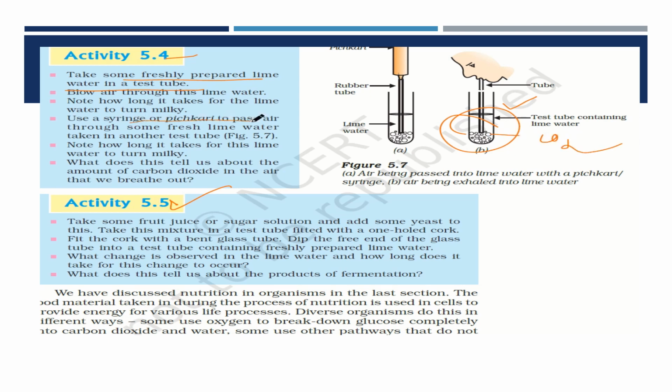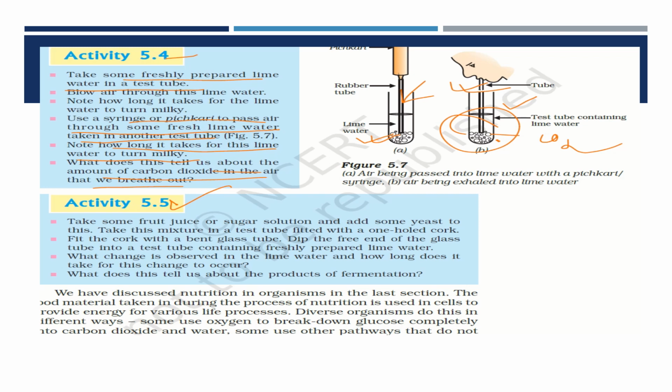Right, use a syringe or a pichkari to pass air through some fresh lime water. You are using a pichkari here to pass air into another test tube. Note how long it takes for this lime water to turn milky. This will tell us about the amount of carbon dioxide in the air that we breathe in. When you pump outside air into lime water, it will turn milky gradually, because in the air outside also there are some traces of carbon dioxide.